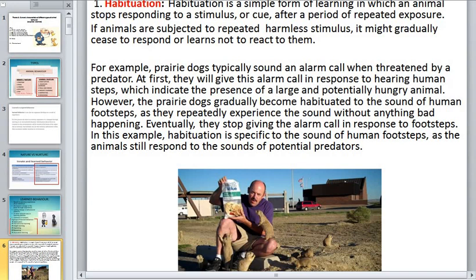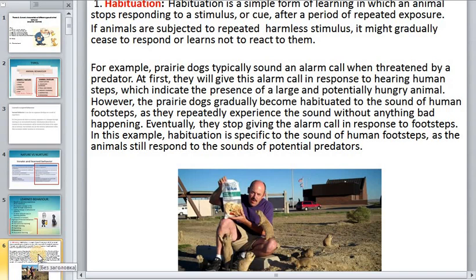However, the prairie dogs gradually become habituated to the sound of human footsteps, especially if you have food. As they repeatedly experience the sound without anything bad happening, you even see this animal come into contact with a human who has food for these little dogs.